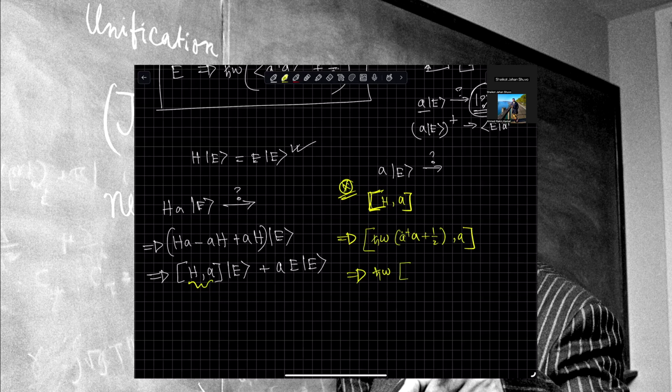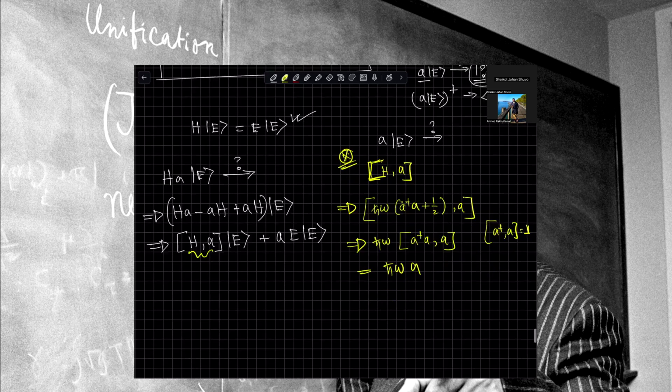So finally, what you have is A dagger A with A. And if you expand this out, using the identity, you should get H bar omega A. Okay, so there's an H bar omega in front. I might be wrong. Usually I work in the omega equals 1, H bar equals 1 basis, but it's just rescaling the Hamiltonian, which really means you are measuring energy on the scale of frequency. But okay, it's fine.